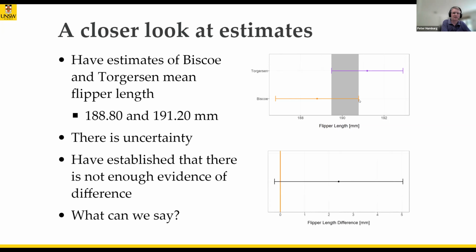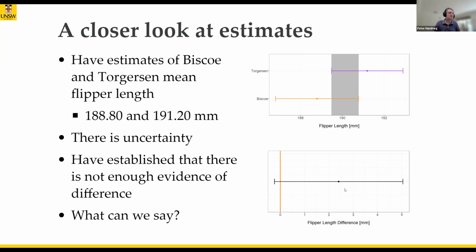And the thing we really care about is the difference between the two, right? So this is the mean difference with its 95% confidence interval. And as you can see, the difference is not nothing, right? It's about 2.4 millimeters. But again, the confidence interval is reasonably large.